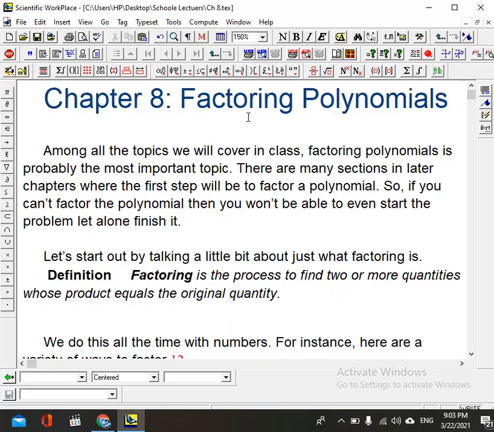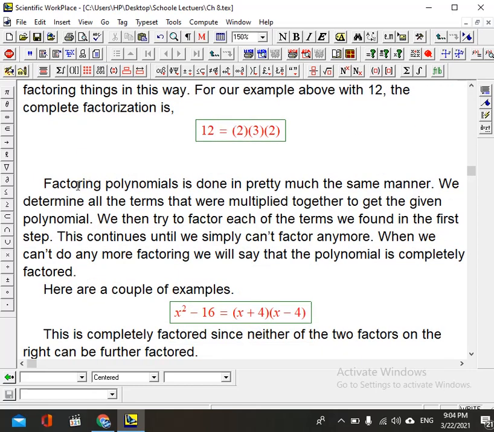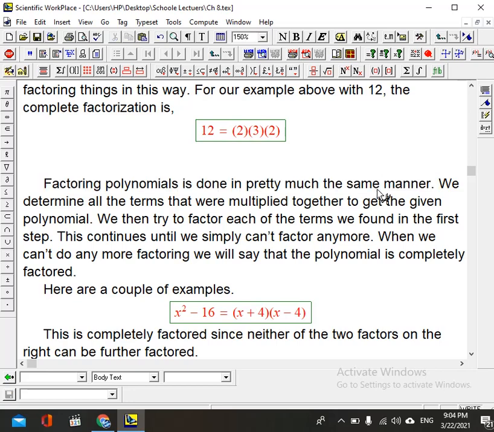Our title is factoring polynomials. Up to now we have been dealing with numbers, but factoring polynomials is done in pretty much the same manner as with numbers.